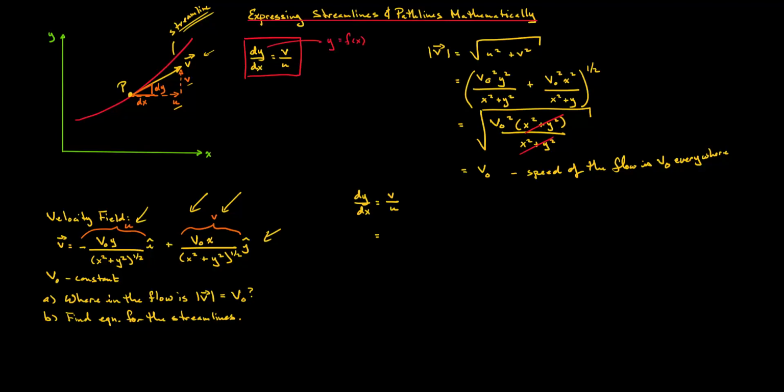So we have v naught x divided by x squared plus y squared to the 1/2, and all of this divided by negative v naught y divided by x squared plus y squared to the 1/2.